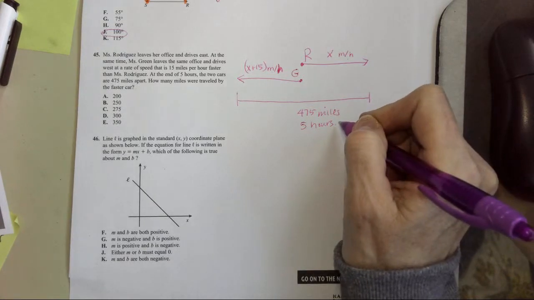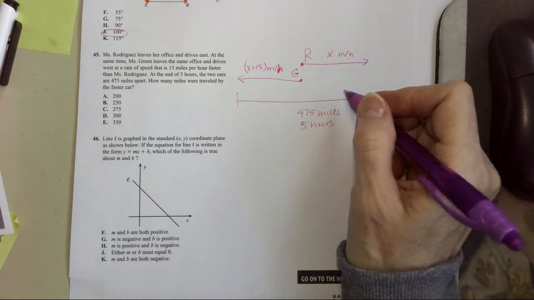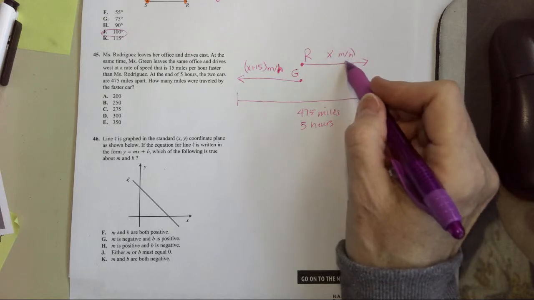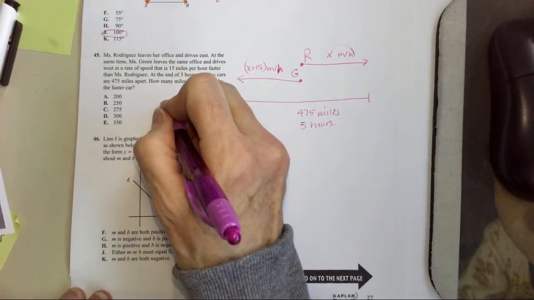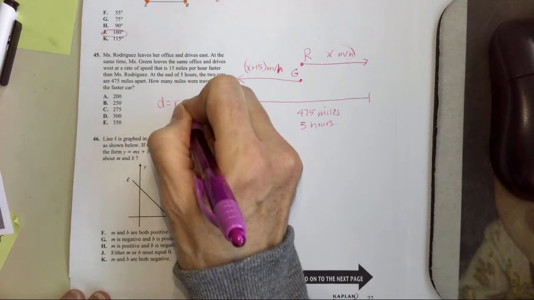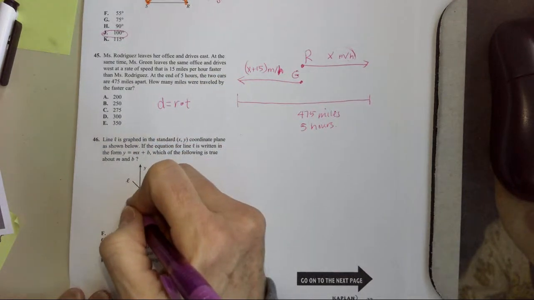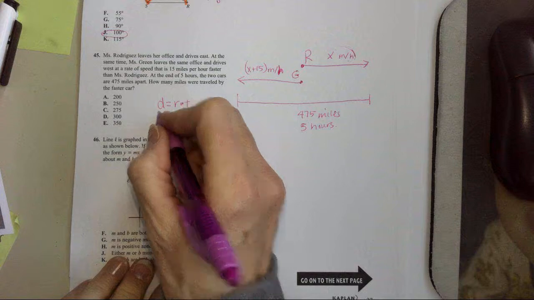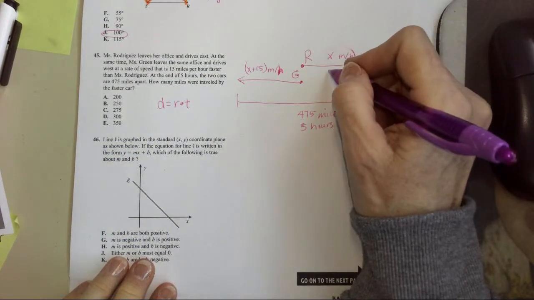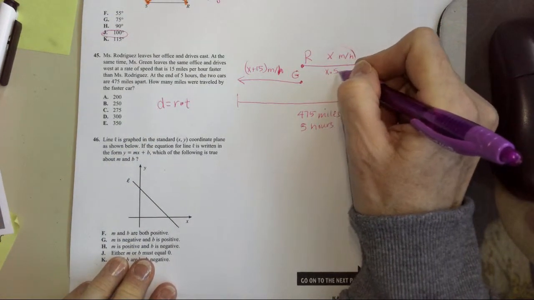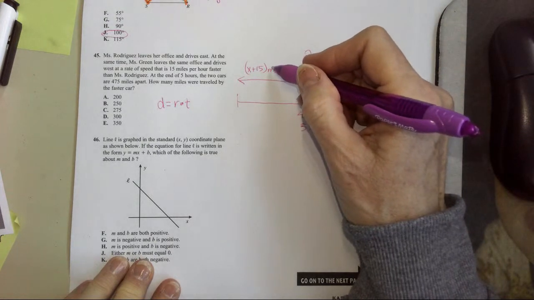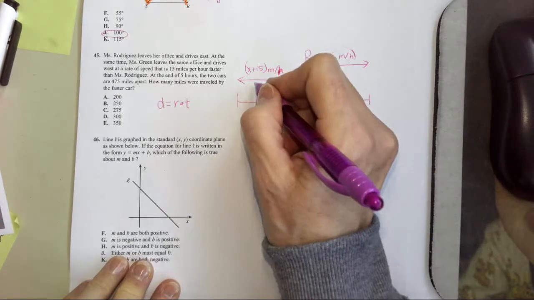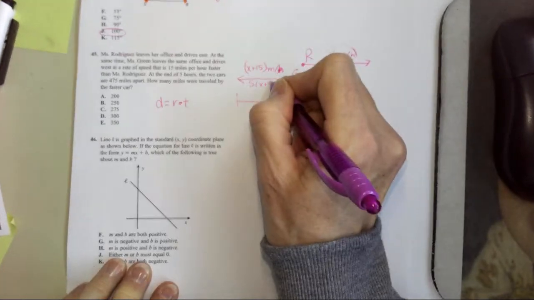So what we're going to do is take the amount of distance that Ms. Rodriguez traveled. If you remember the little formula from algebra, distance equals rate times time. The distance that Ms. Rodriguez traveled would be x times 5, or 5x. The distance that Ms. Green traveled would be 5 times x plus 15.